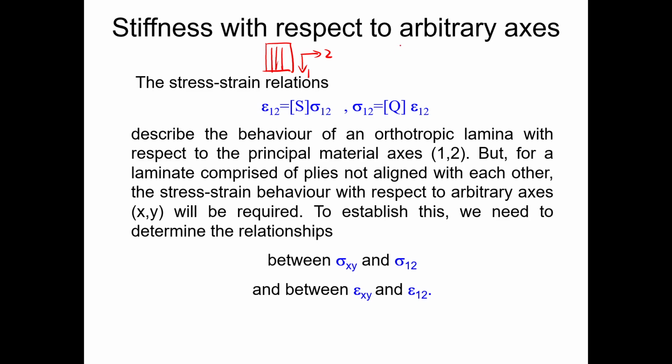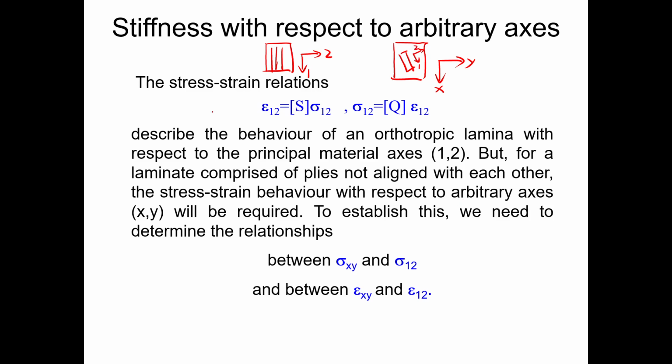We can also define a global axis, x and y, but your fiber can be aligned in a certain orientation. In that local coordinate system you have your 1 and 2.